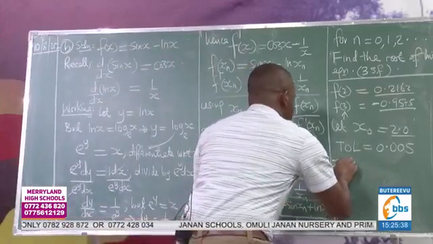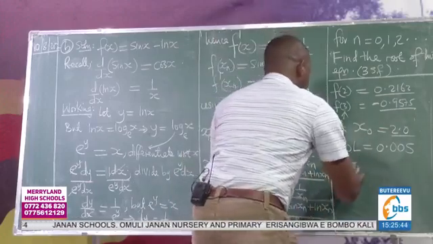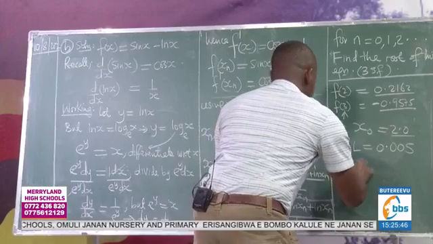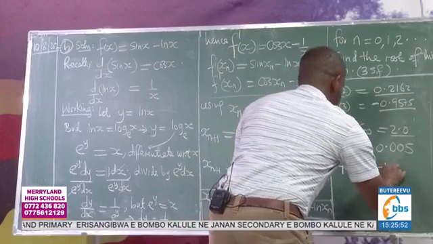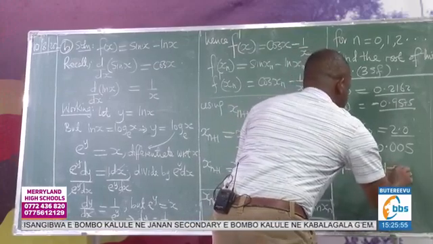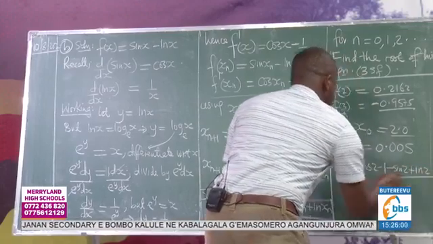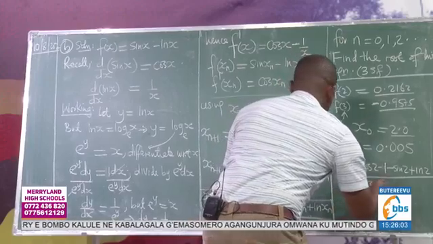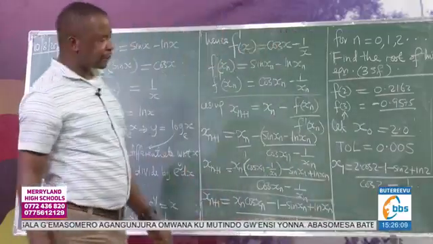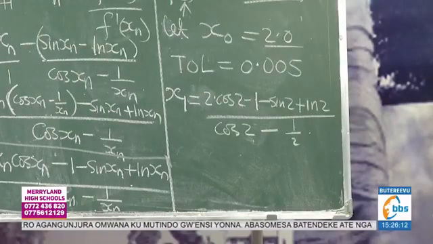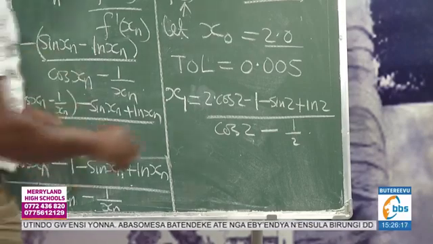So if I put in my value of 2 in this expression, it is very long. We can say it is 2 times the cos of 2 minus 1 minus the sine of 2 plus the ln of 2, everything over the cos of 2 minus 1 over 2. It is important that you use your calculators there, and your calculators must be in radian mode.